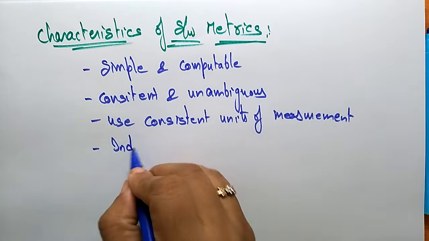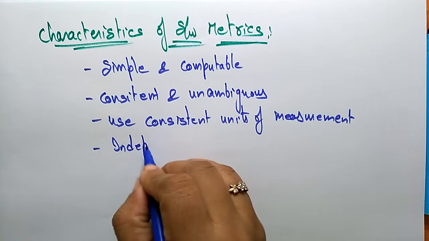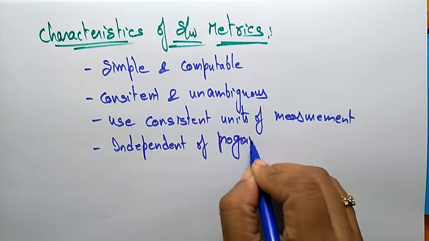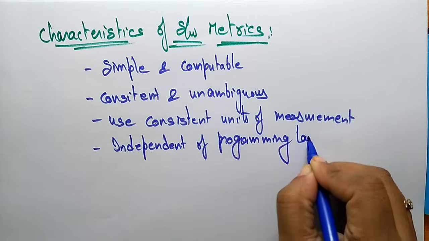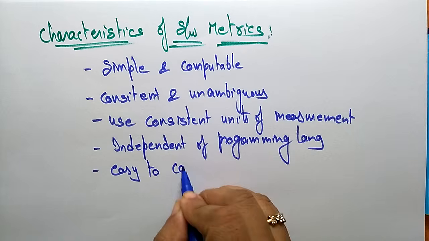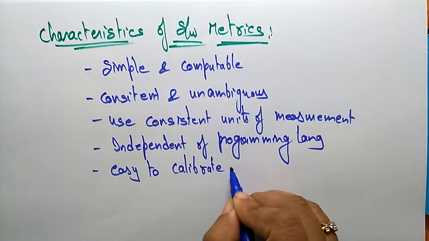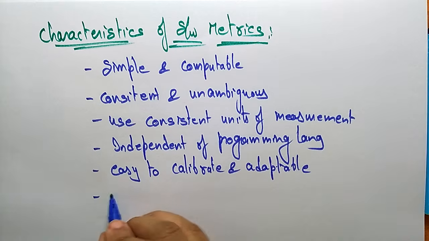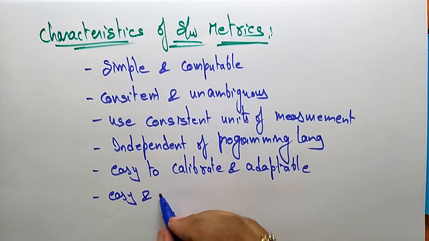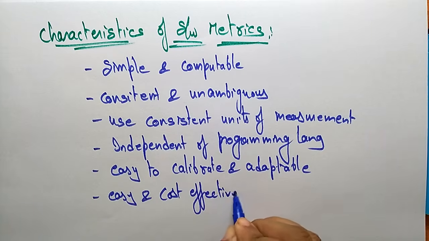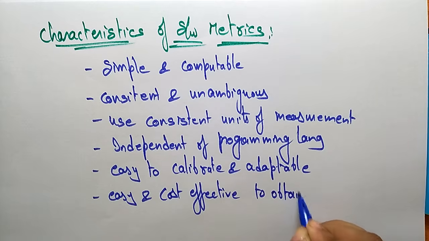That's why we say the software metric is independent of programming language. It is easy to calibrate and adaptable, and it is easy and cost effective to obtain. So these are all the different characteristics of software metrics.